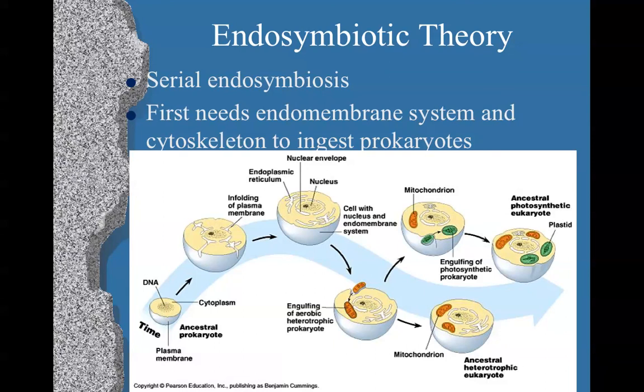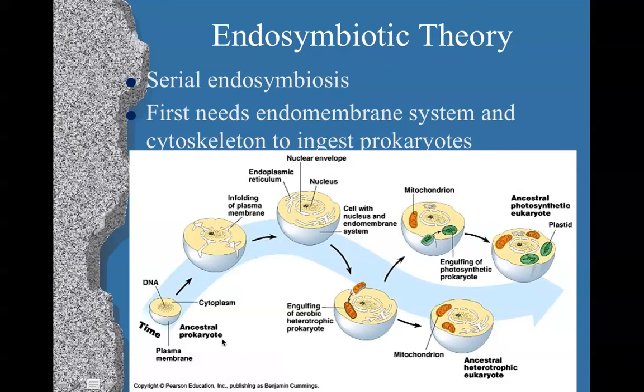We're not sure whether they would have been prey or whether they would have been parasites, but once you have the mitochondria and the chloroplast entering into these cells, you're going to have a fundamental transformation in the way that eukaryotes are able to carry out their business.